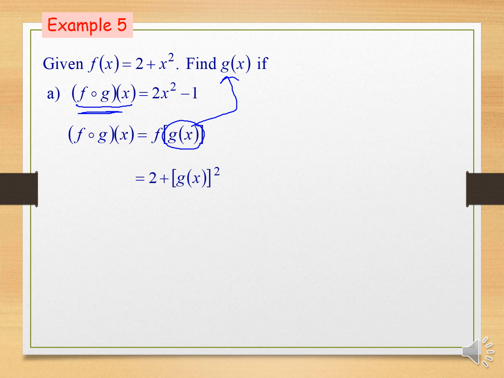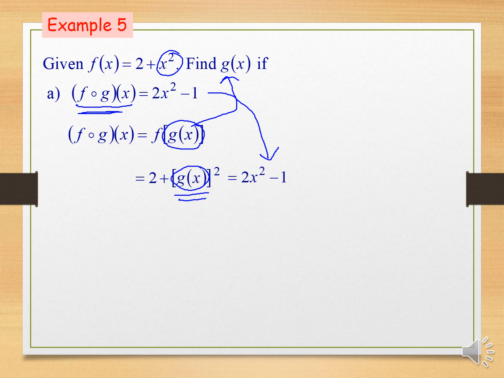And we know that f is given as 2 plus the new input, squared. Therefore, the new input now is g(x), so we have f(g(x)) equals 2 plus g(x) squared. And from the question, this equals x squared minus 1, which is from the right-hand side.